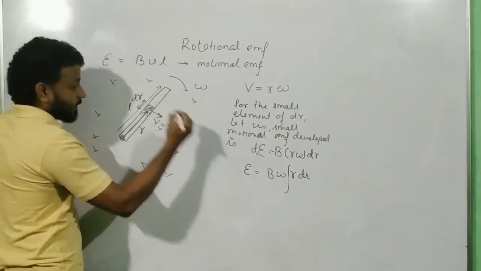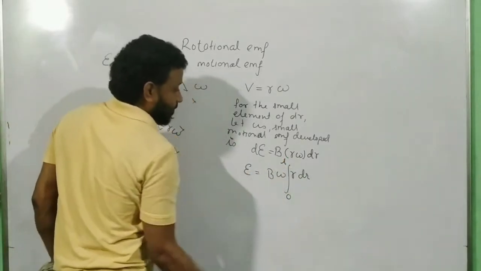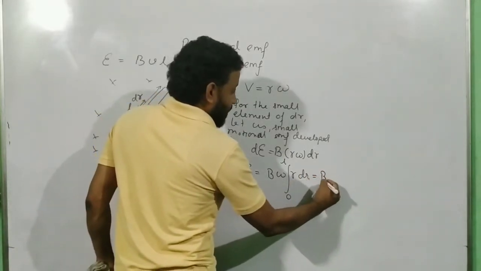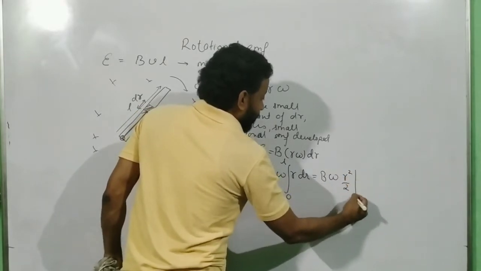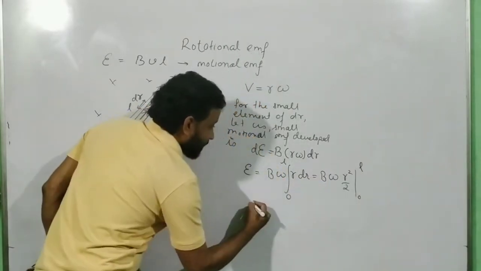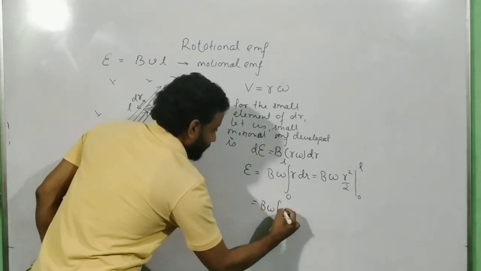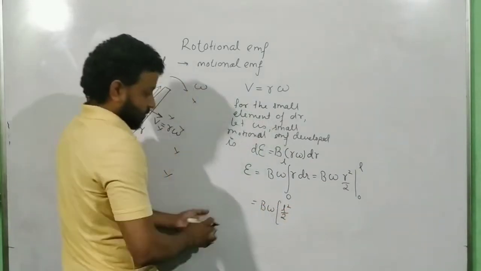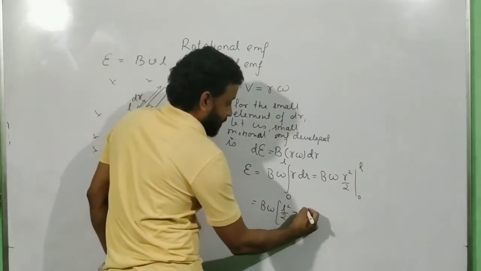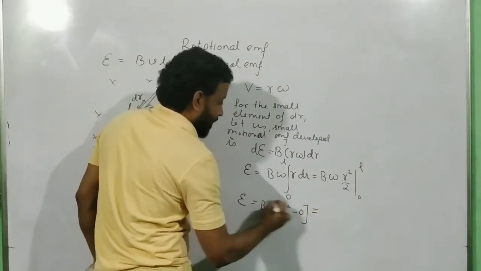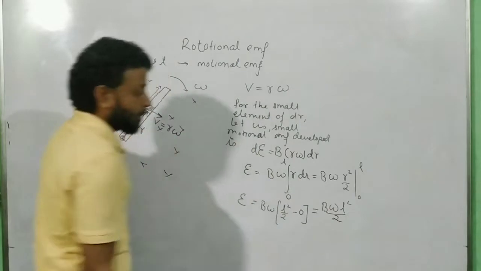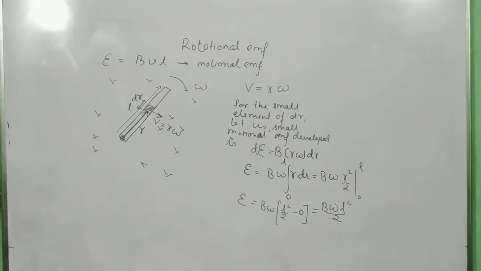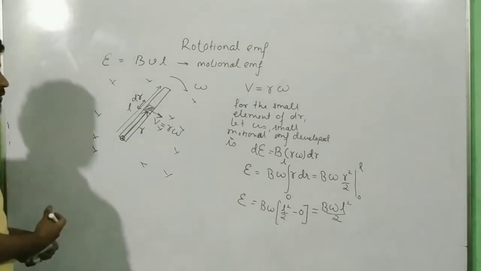From here till here, that means from 0 to L. And this will be equal to B omega times the integral of r dr, which is r square by 2 with the boundary from 0 to L. That is equal to B omega L square by 2 minus 0, and that is the final expression, B omega L square by 2. So this is the rotational EMF.